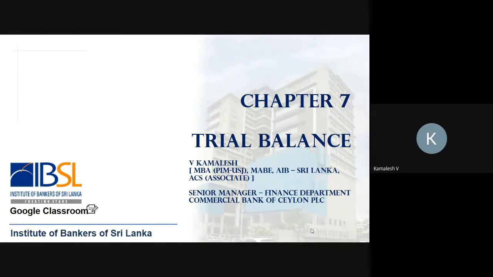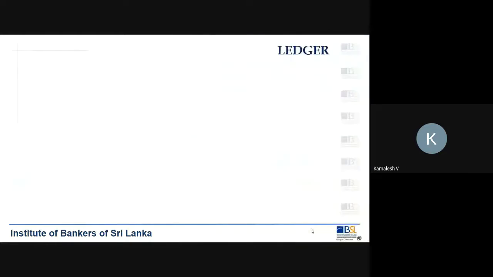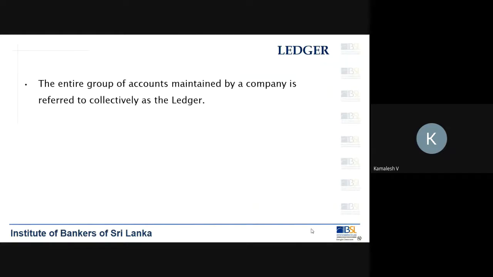Okay. So, first of all, as you know, we looked at what a ledger is. As I told you all, when you do bookkeeping, you will enter each account in a separate page. And in good old days, when you take all those pages collectively, it is known as a ledger, right?